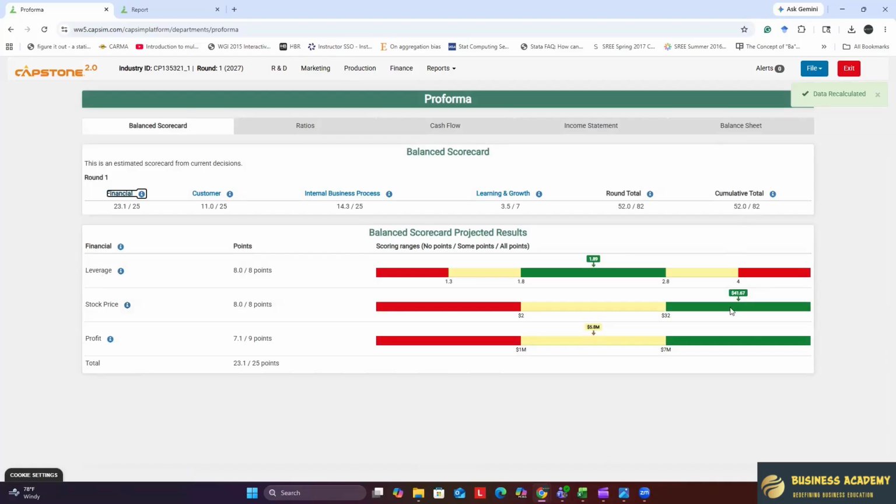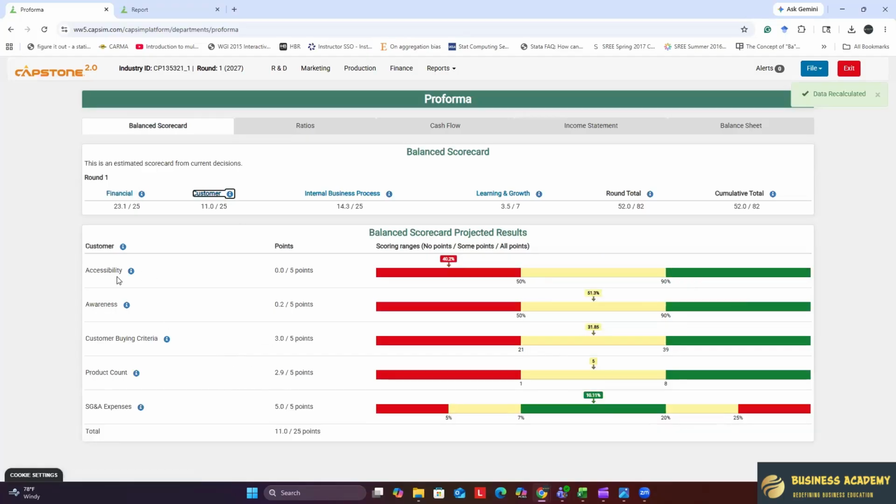And here is the full range. At 7 million and above, you get a full credit. Stock price of about $32 and above, you get a full credit. And for your leverage, 1.8 to 2.8, if it is in between that, you receive a full credit of 8 points.